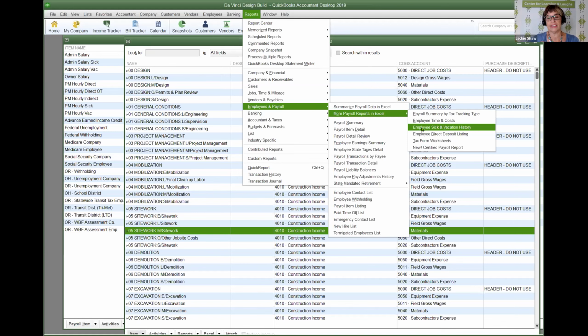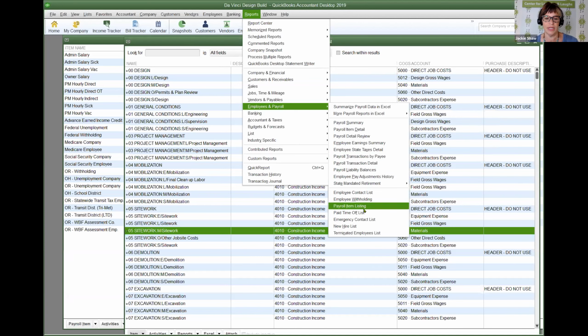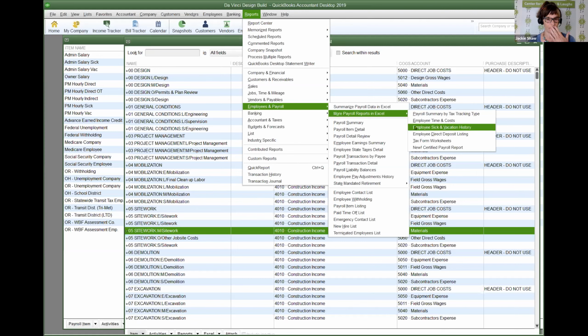You can track sick and vacation use in QuickBooks. So the report you usually find is the sick time balance, which doesn't have a lot of data. The time off list, that's down here. But for those of you that are tracking sick and vacation, I would encourage you to do it in QuickBooks. And there's a report right here, employees and payroll, more payroll reports in Excel, employee sick and vacation history.